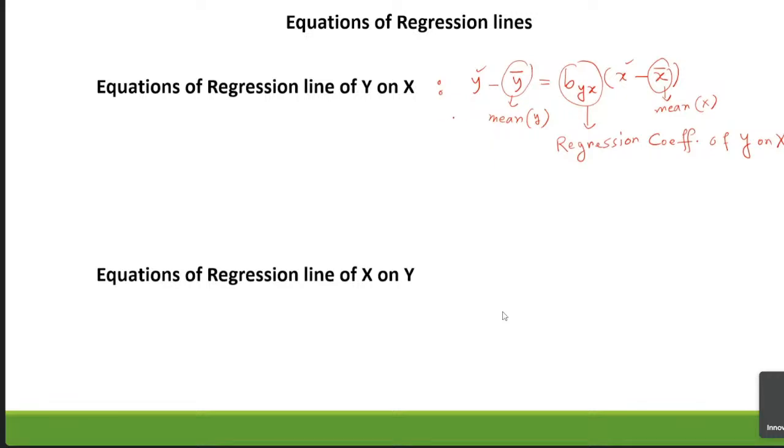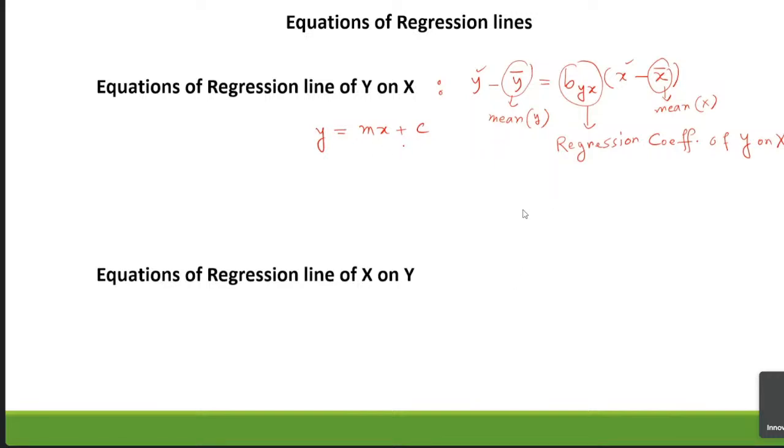So basically what we need to find, if we are going to calculate the regression line of y on x, generally we have to find out an equation which looks like y equal to mx plus c type.